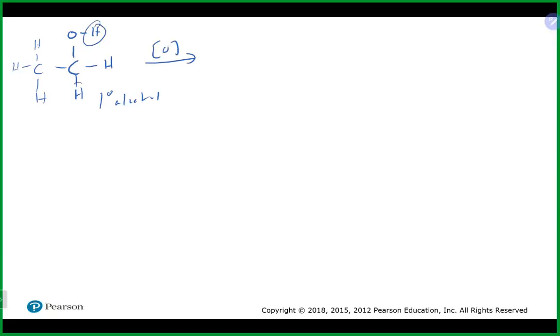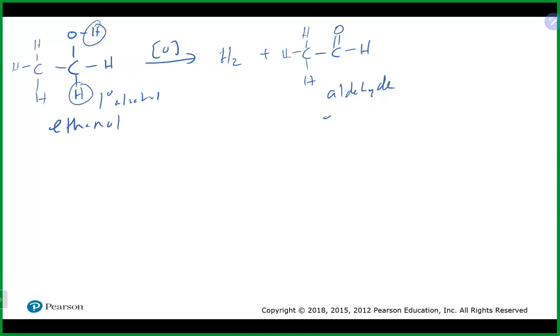And that is our loss of H2, which will make our aldehyde occur here, double bonding up our oxygen there. And once again, here we went from ethanol, OL, to now Al, which is our aldehyde.